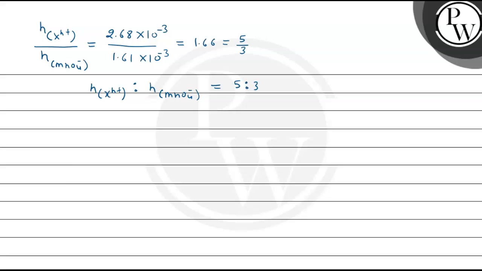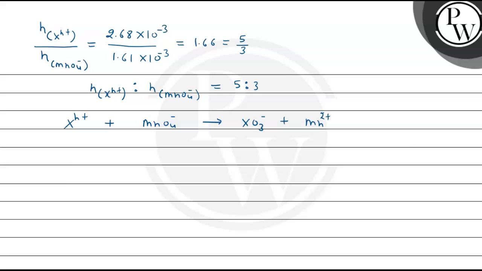By using this ratio, we can write the equation as Xn+ plus MnO4⁻, both reacting with each other to produce XO3⁻ plus Mn2+. By the use of this ratio, we can calculate the balanced equation from here.